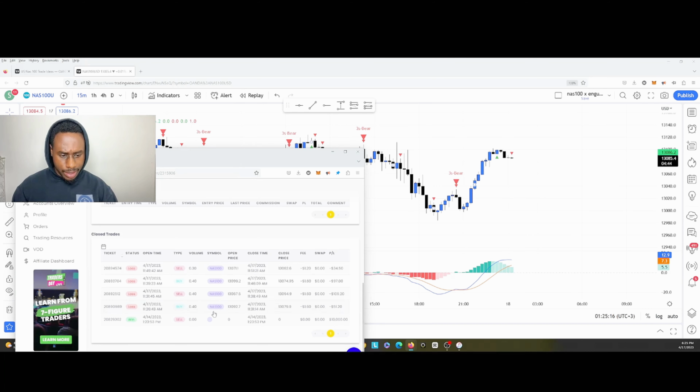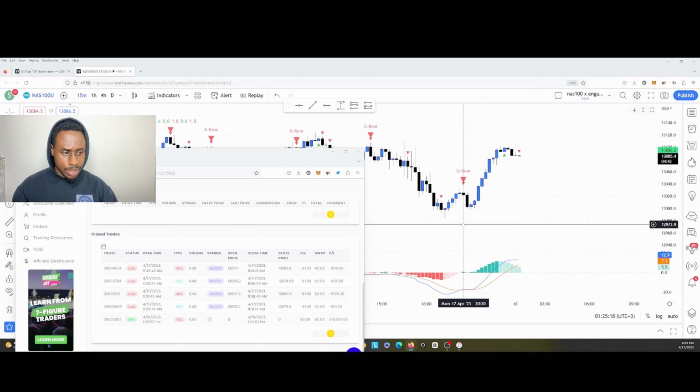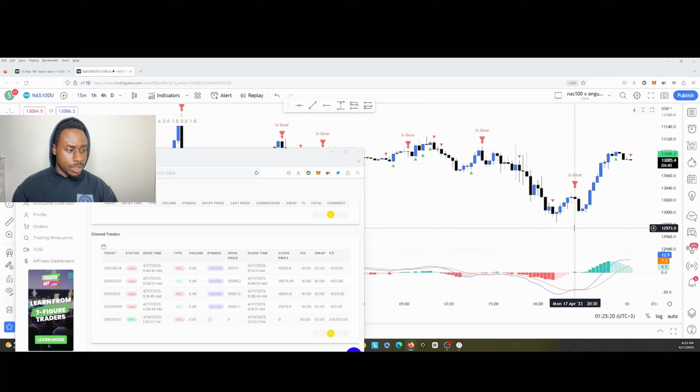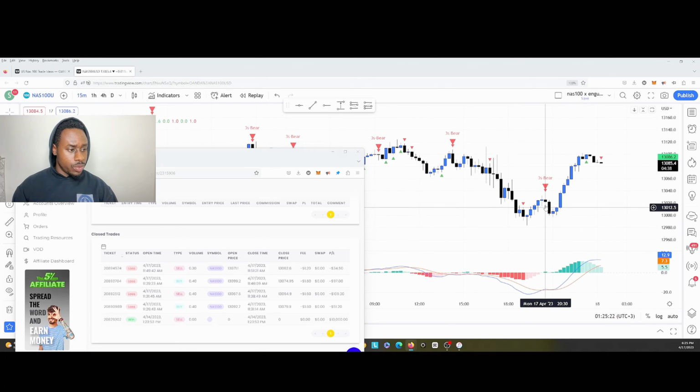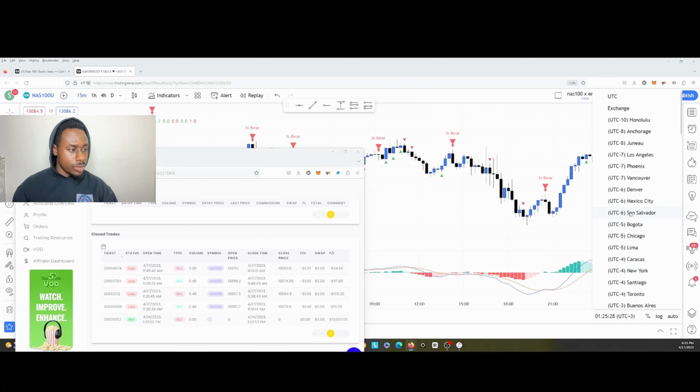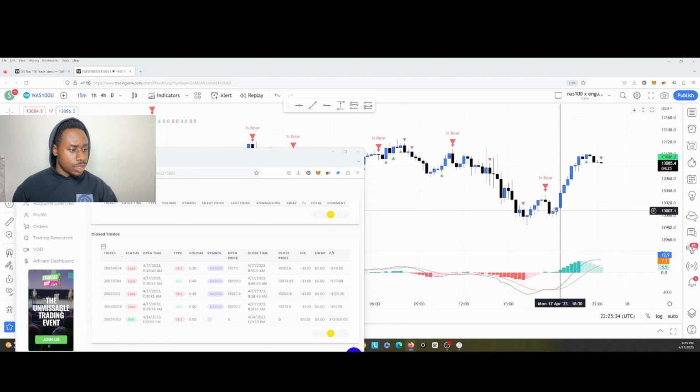So at 1392.7, let me see. When was today? This was today's chart. Let me actually just put it back to New York. Or is it UTC?